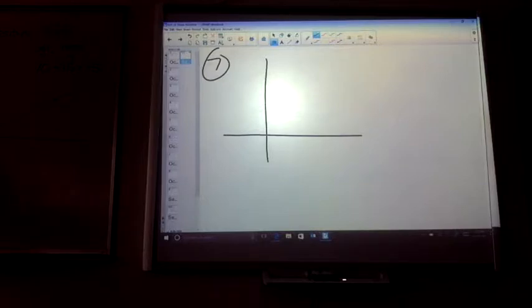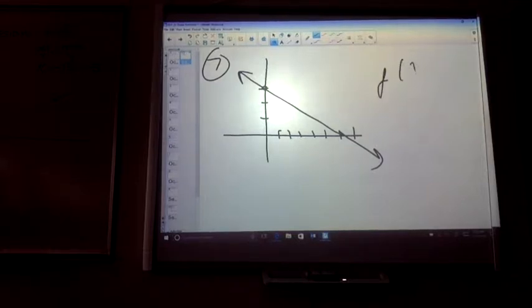Okay. Let's see. You got 1, 2, 3 up here. Then 6, right? All right. So they tell us that this is the graph, f(x) is equal to 3 minus 1/2 x.